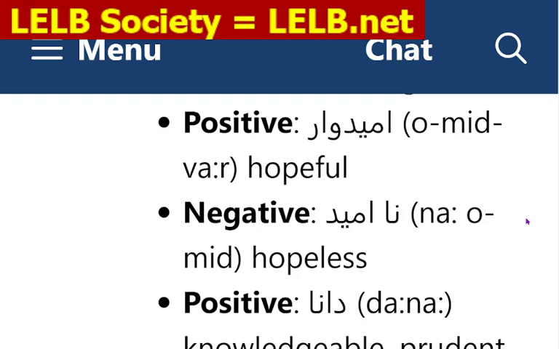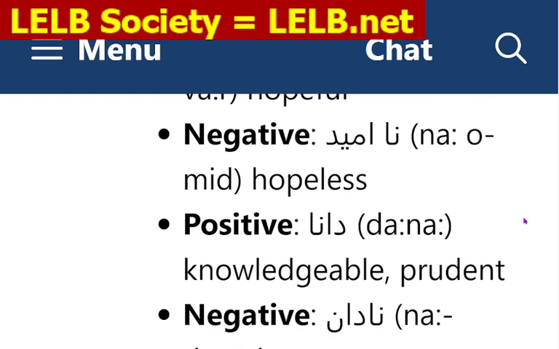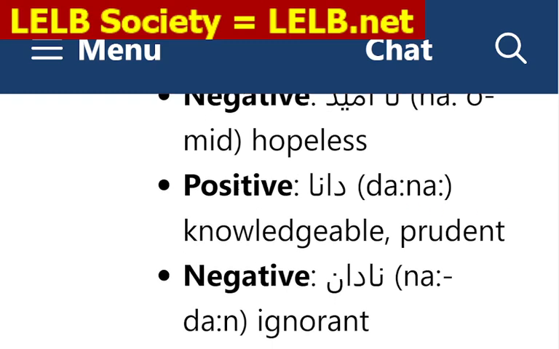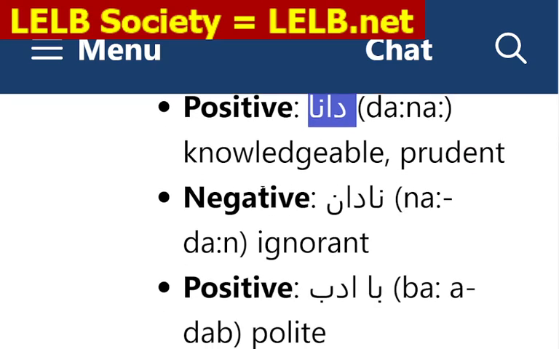So naomid means hopeless. Again, positive: dana means wise, prudent, knowledgeable. Dana comes from danesh, which means to know. And nadan, again, na is added to the present root of the verb danestan, which means to know, and that is ignorant.